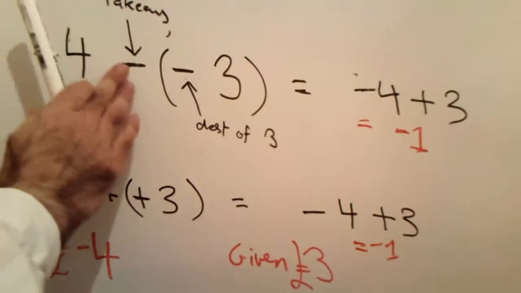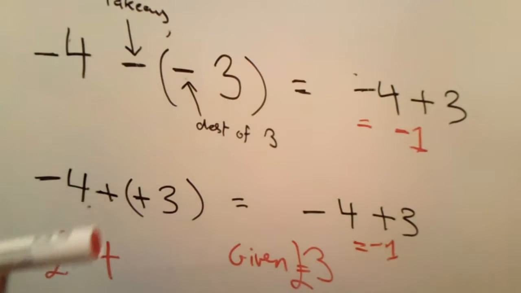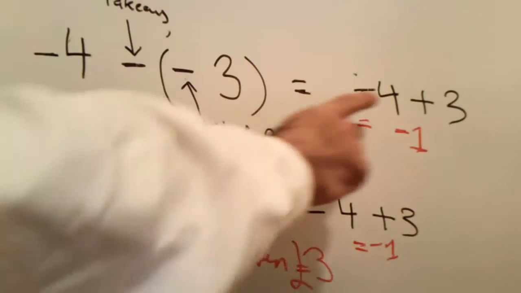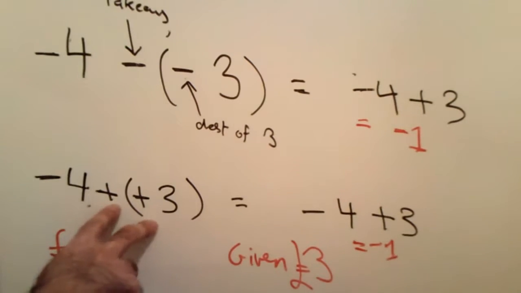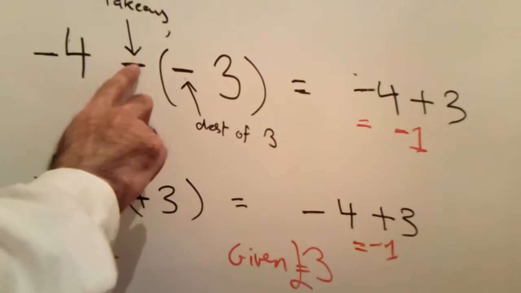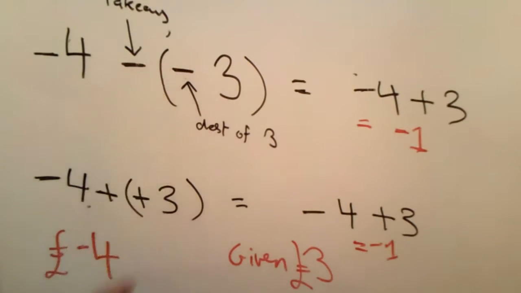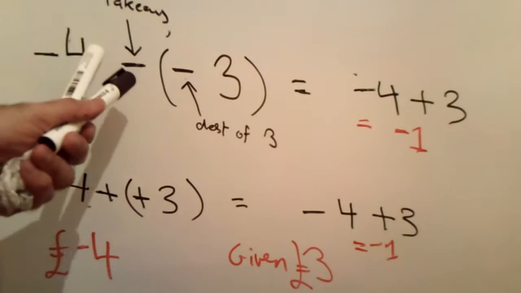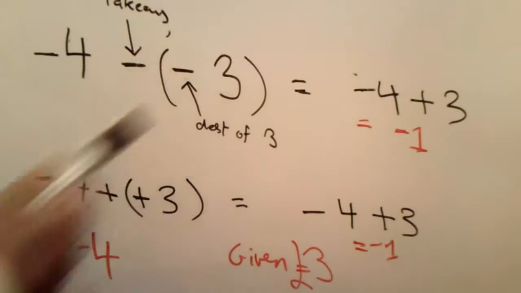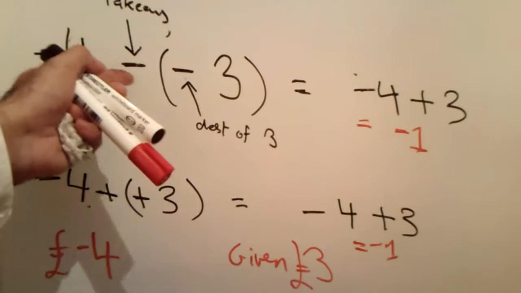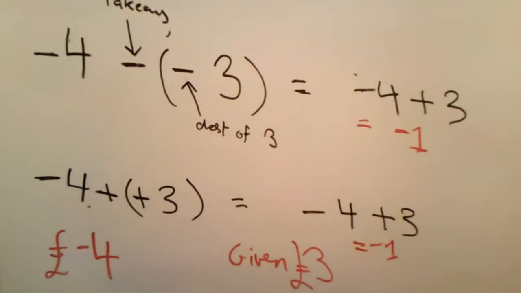When we take away a negative number, it's like taking away your debt. It means the same thing as adding a positive number, because a negative and a negative becomes a positive, and a positive and a positive stays a positive. So this is an example of using money and debt to explain what we mean when we take away a negative number.